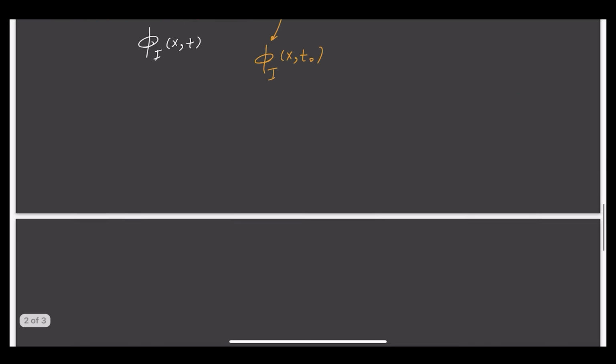Simple, it's the Heisenberg picture. What does the Heisenberg picture say? The Heisenberg picture says that the evolution of the field is derived by the Hamiltonian.